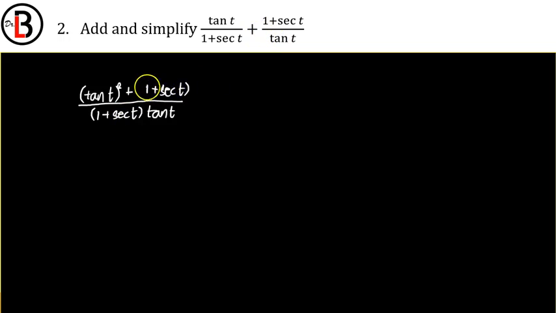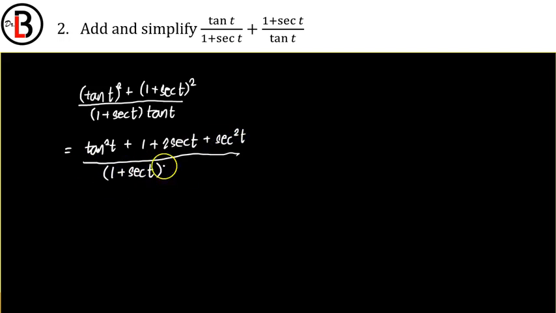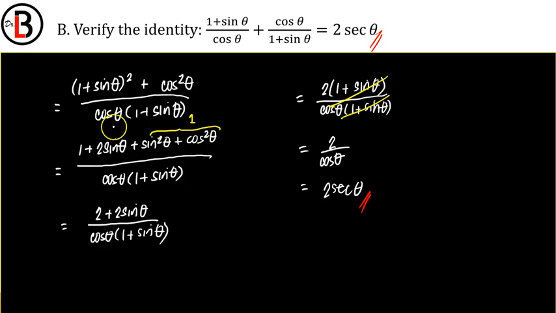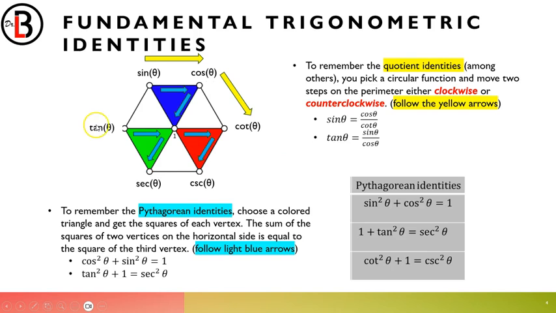This becomes 1 plus secant t quantity squared, or if we expand, tangent squared t plus 1 plus 2 secant t plus secant squared t, all over 1 plus secant t and tan t. Now, there are squared terms, so we recall our Pythagorean identities. Tangent squared theta plus 1 is secant squared theta.